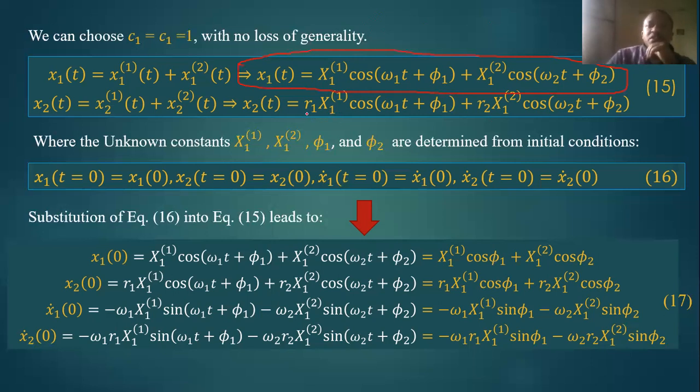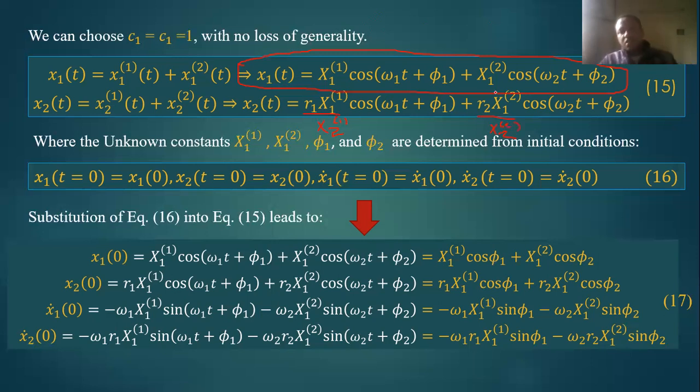This means actually this is x2. This is x2 in the first mode. This is also x2 in the second mode.